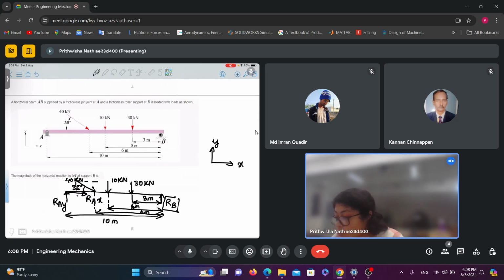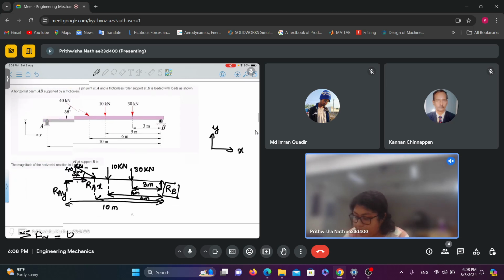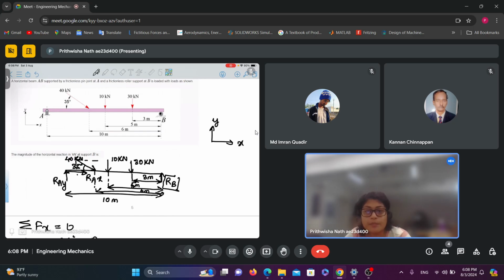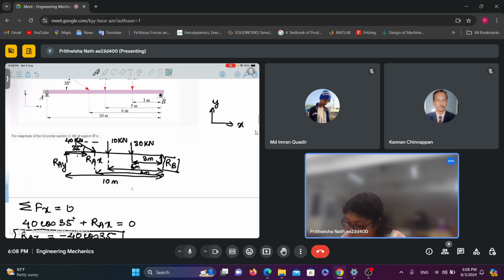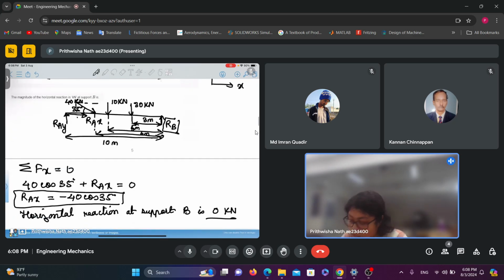Now this is a horizontal beam which is supported by a frictionless pin joint at A and a frictionless roller support at point B. So I have drawn the free body diagram. We are asked to find the magnitude of the horizontal reaction at the support B. Since this is a roller support, the horizontal reaction at support B should be 0.